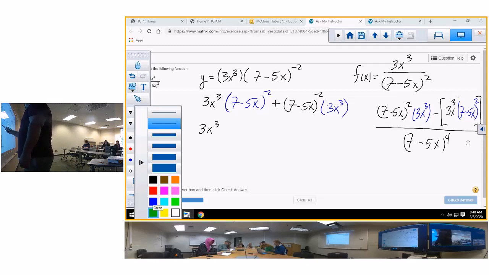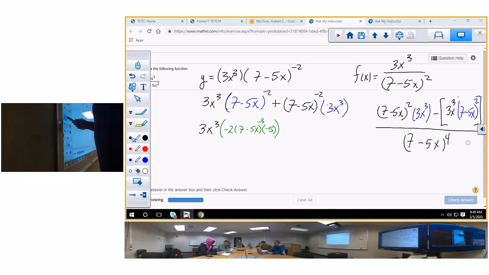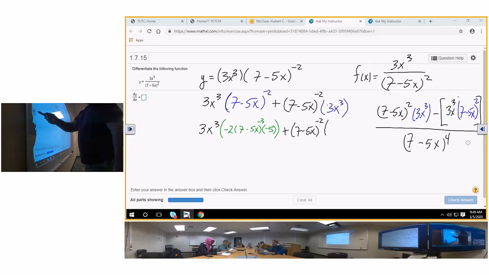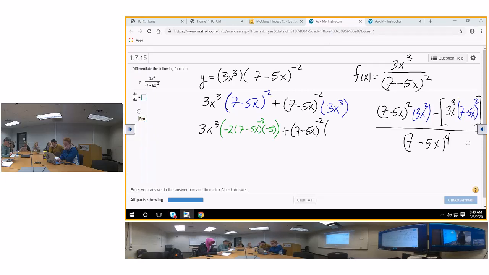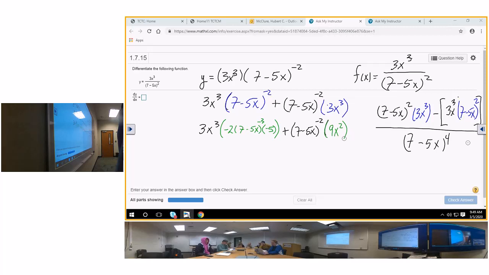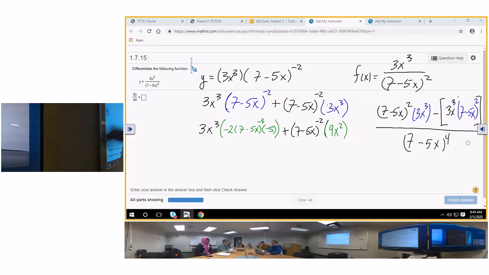So that's going to be negative 2 times (7 minus 5x) to the negative 3 times negative 5, plus (7 minus 5x) to the negative 2 times 9x squared. I'm going to move all this over, y'all continue to work on it.